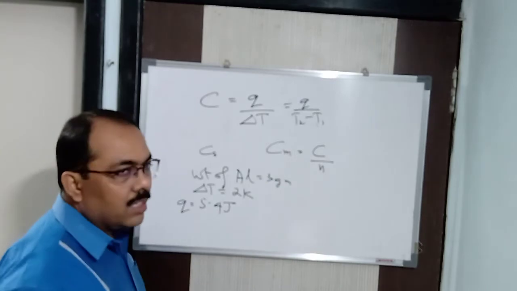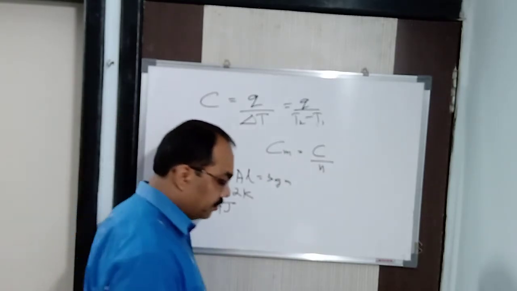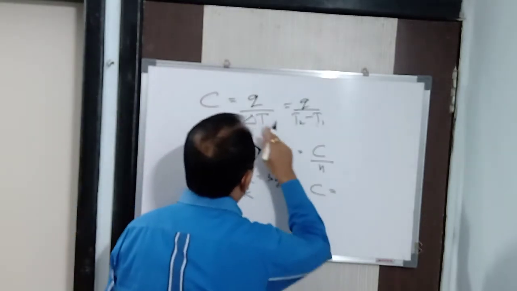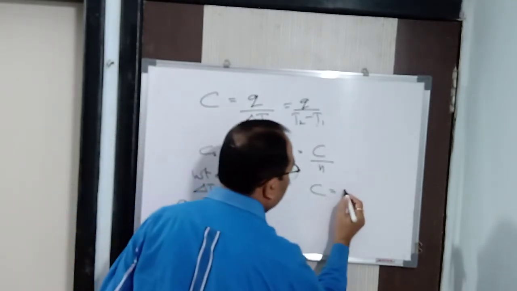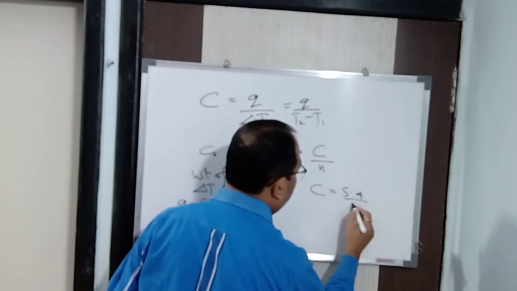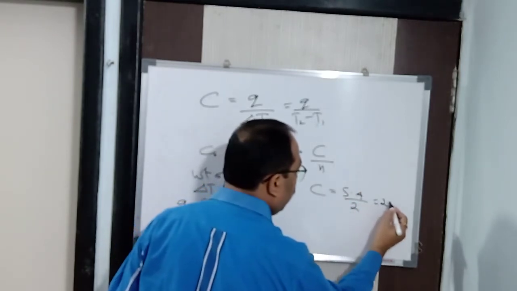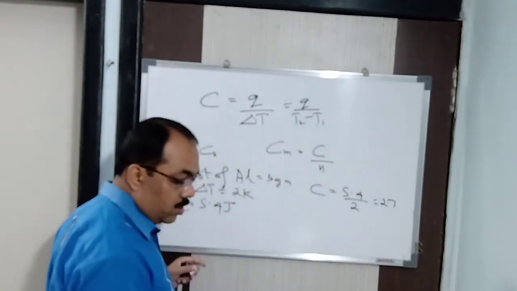Now first I ask you to calculate the heat capacity. Heat capacity is Q by delta T. So Q is 5.4 and delta T is 2, so it is 5.4 by 2, which is 2.7 joules per Kelvin.